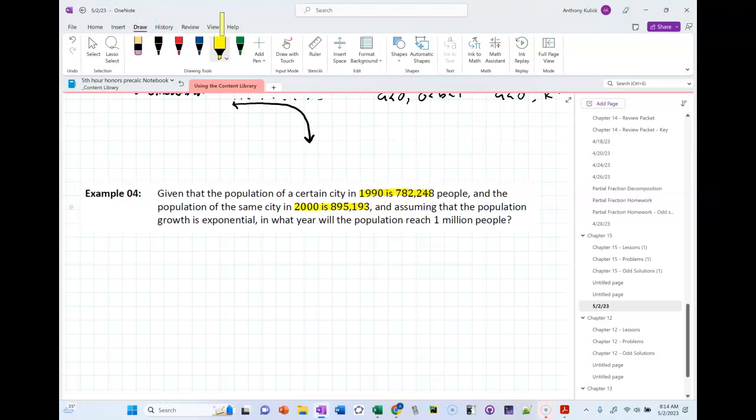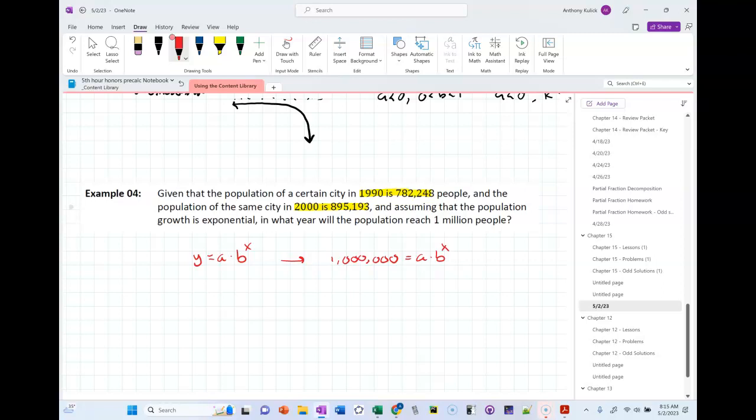So if I read this, I know that I'm going to be writing an exponential equation, right? And eventually what I'm going to need to do is solve that exponential equation when it's equal to 1 million, right?